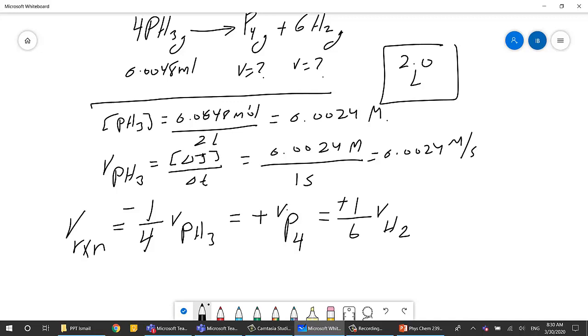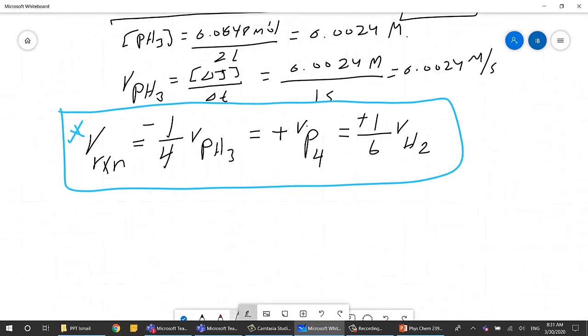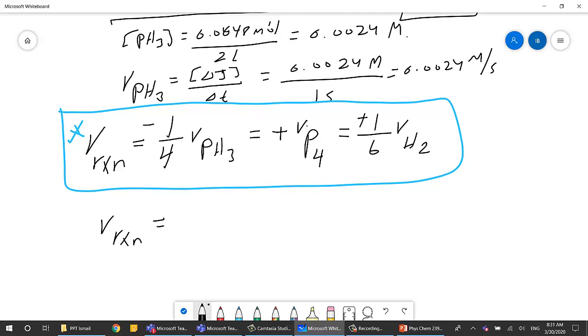Now, the easiest way to solve this question is first to find the rate of the reaction. If you find the rate of the reaction, you can calculate whatever you like. So let's find the rate of reaction. Now the formula here is that the rate of the reaction is equal to 1 over 4 the rate of PH3, right?